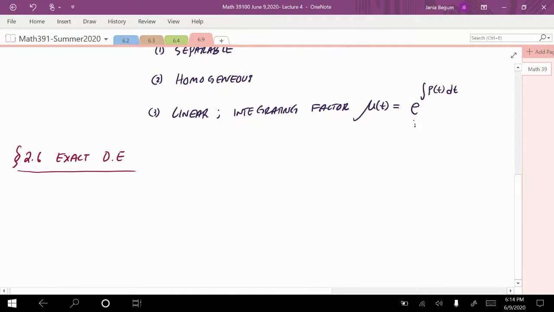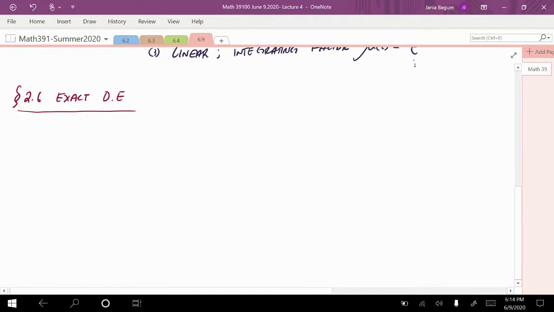Suppose we want to solve the following differential equation: 2x plus y squared plus 2xy y prime equals 0.